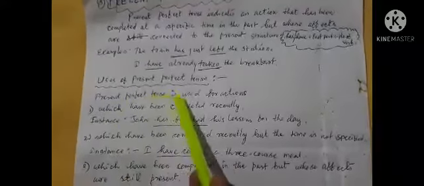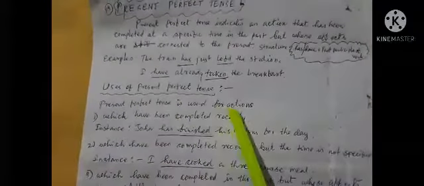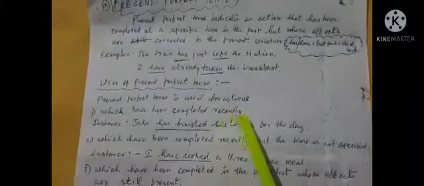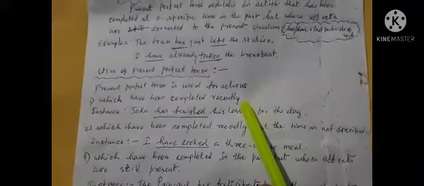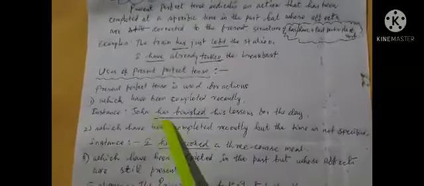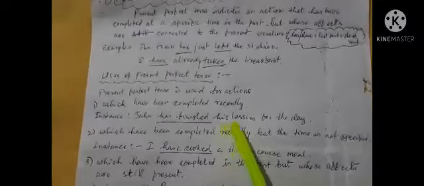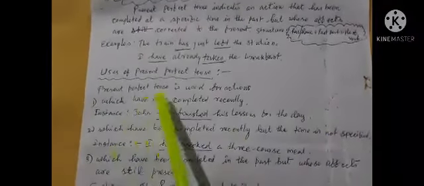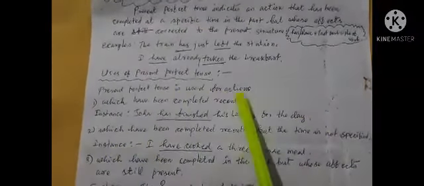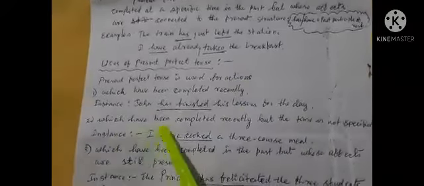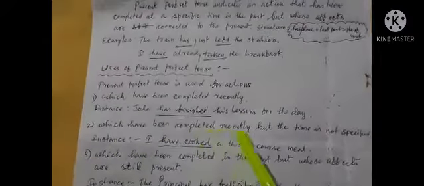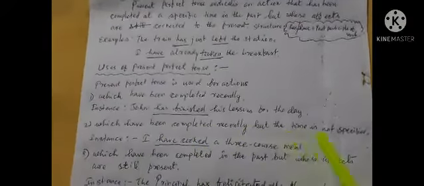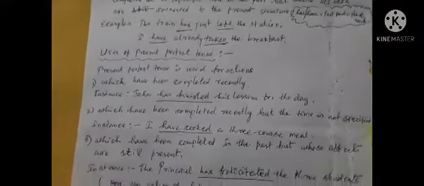Present perfect tense is used for actions which have been completed recently. For instance, John has finished his lessons for the day. Secondly, present perfect tense is used for actions which have been completed recently but the time is not specified.